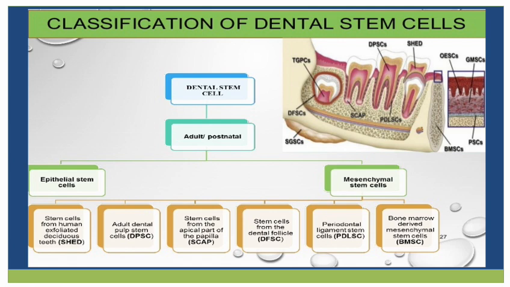That is, they could be derived from the stem cells of human exfoliated deciduous teeth, dental adult pulp stem cells, the stem cells from the apical part of the papilla, which is the SCAP cells, the stem cells from the dental follicle, the periodontal ligament stem cells and bone marrow derived mesenchymal stem cells.